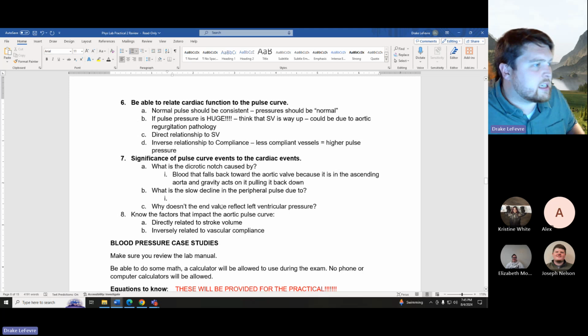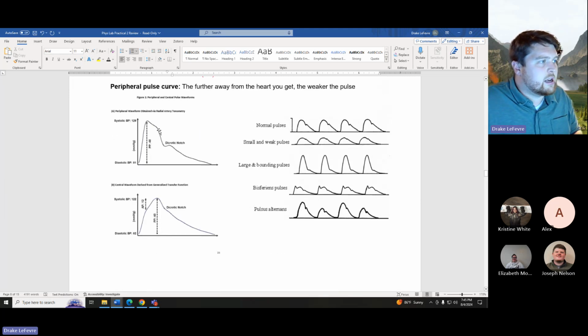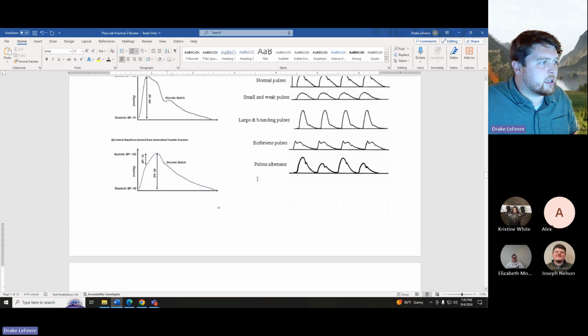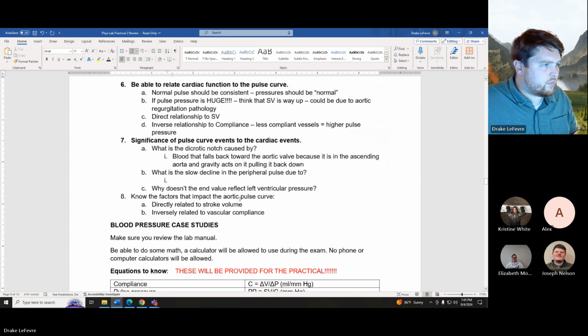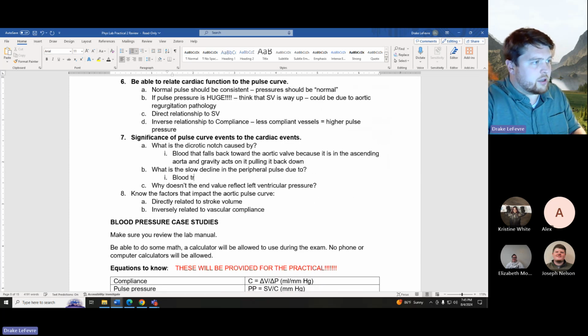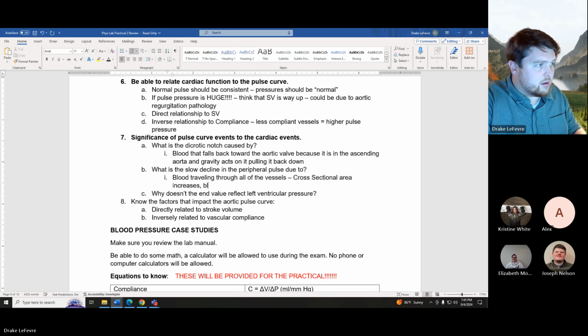What is the slow decline in the peripheral pulse due to? The slow decline is due to blood traveling through all of the vessels, where the cross-sectional area increases and blood slows down.